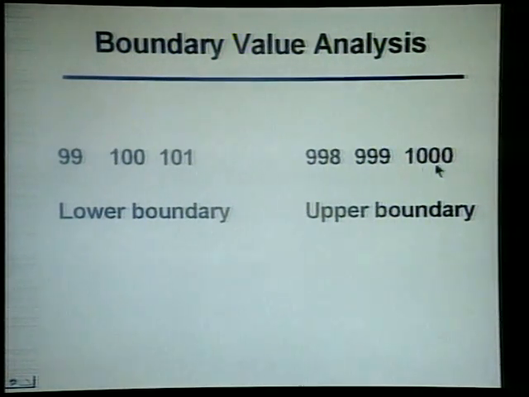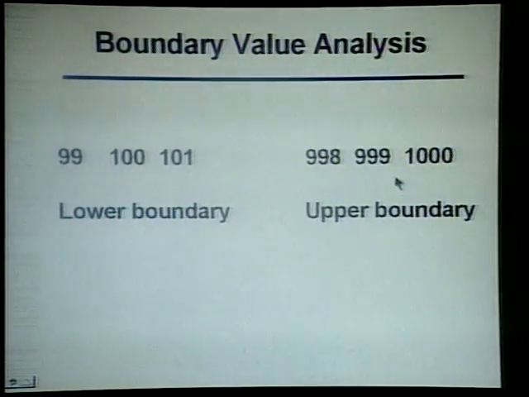Now generally, what we call the boundary value analysis, we test our software on the lower boundary values and the upper boundary values. For example, if the valid range is from 100 to 999, then of course we'll test our software with the value 99, which is just below the lower range, and just above the lower range.